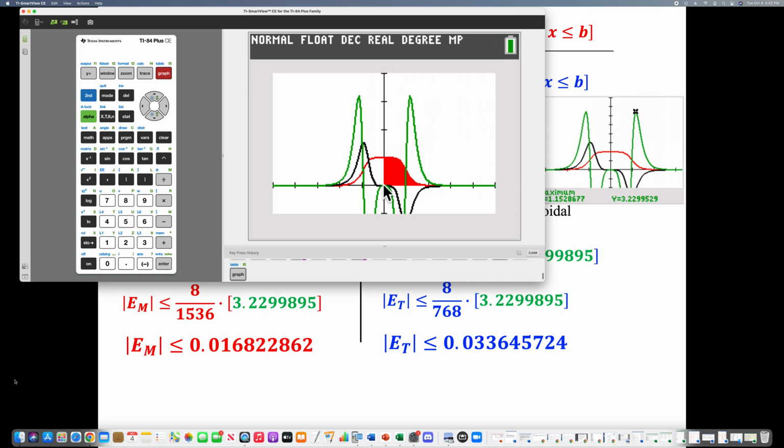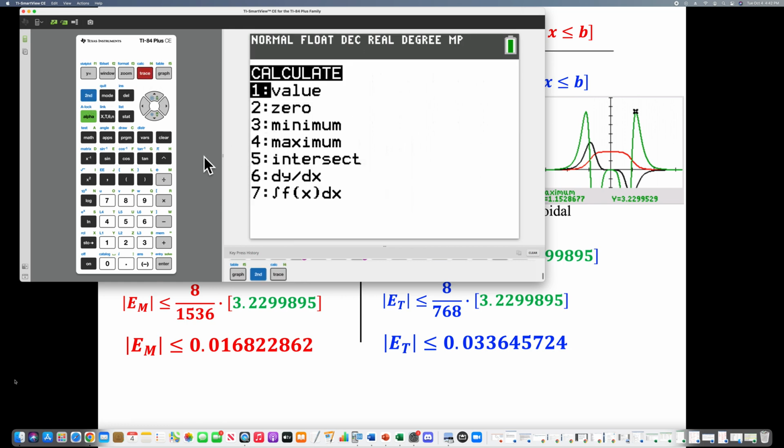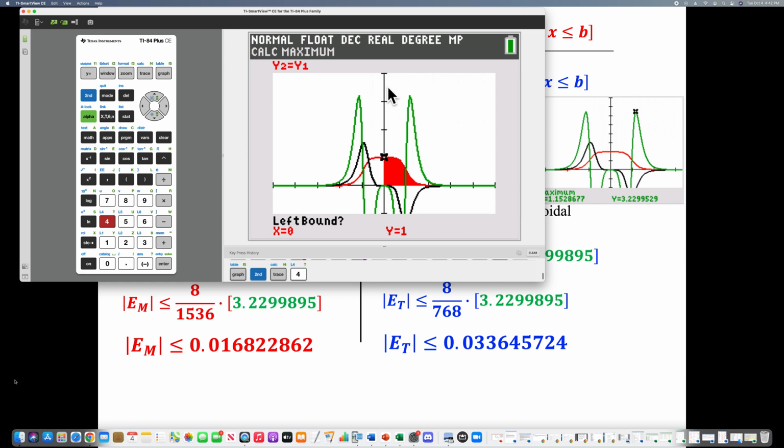And now between 0 and 2, that's the area that's shaded there in red, I can ask for, okay, second trace, let's find the relative max. Now remember, it's always going to go to the first curve you plotted. So in this case, the first one I have turned on is y2. So you just hit the down arrow until the green graph shows up right here.